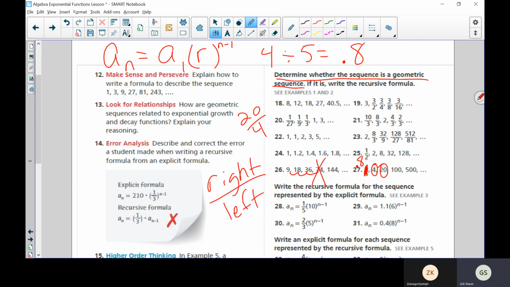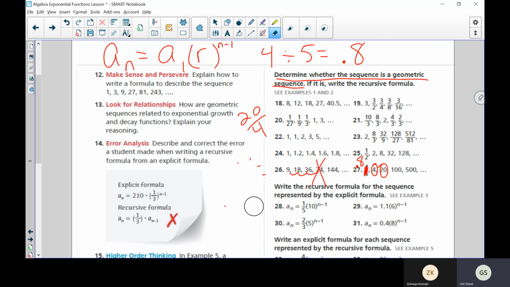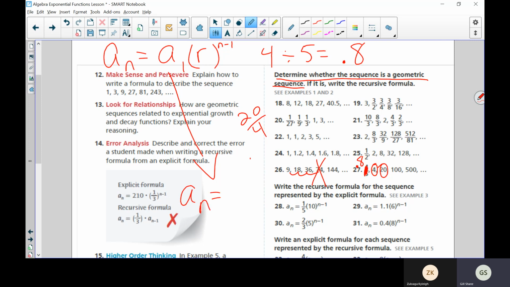No, that was 26 and it didn't work. It was 5, because we said the pattern was 20 divided by 4. That's why those are circled. So R would be 5. So the answer for number 27, I'm going to write 4/5 because that was in the original problem.